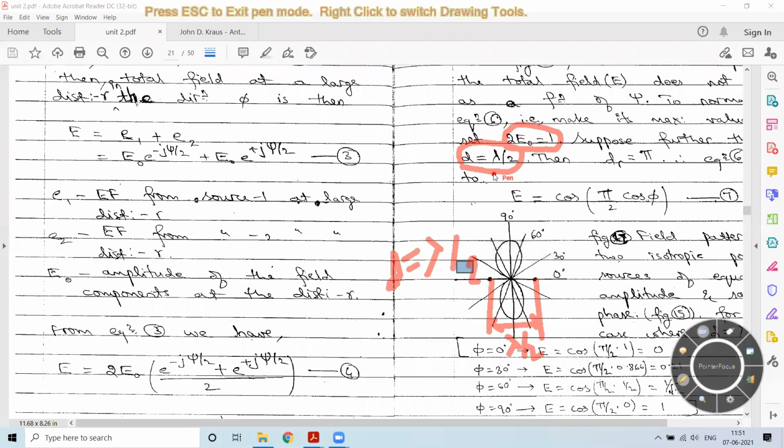If d is given, we can estimate dr, which is given by beta times d, that is 2 pi by lambda times d, and d is lambda by 2. So these two parameters cancel, and dr, the distance in radians, will be pi.